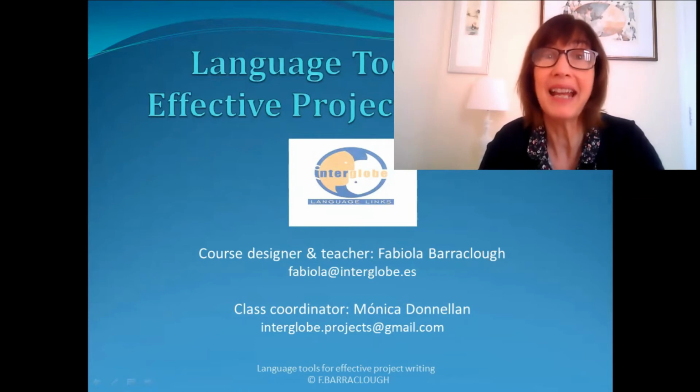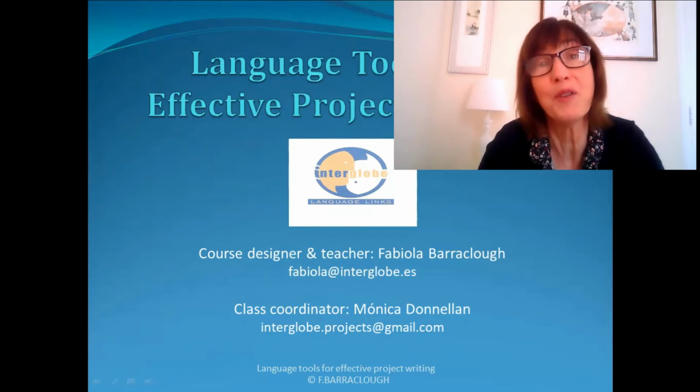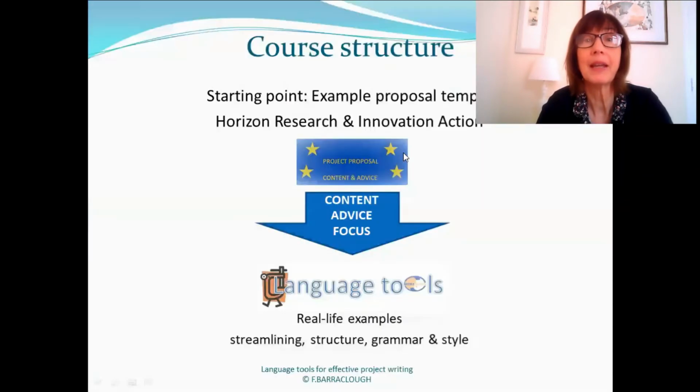So in this first module, I'm just going to give you an overview of the course structure and what we are going to be doing. As you will have seen, we have 12 modules, and each module starts off in the same way and takes as a starting point one section of a project proposal template.